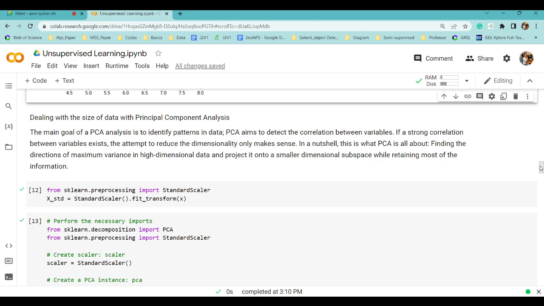So what does principal component analysis mean? It's actually a methodology whose aim is to reduce the dimensionality of data.